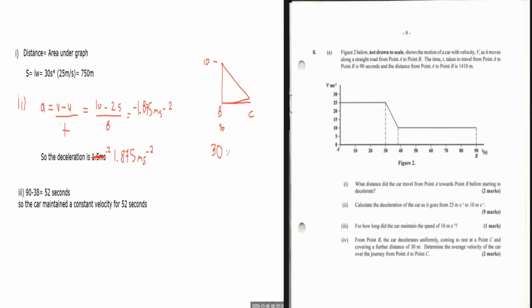If the area under the graph is 30, but we know the area of a triangle is a half the base times the height. The base is t minus 90.